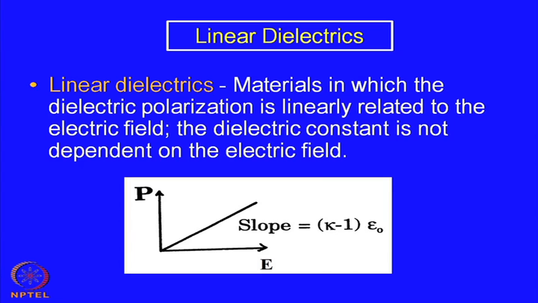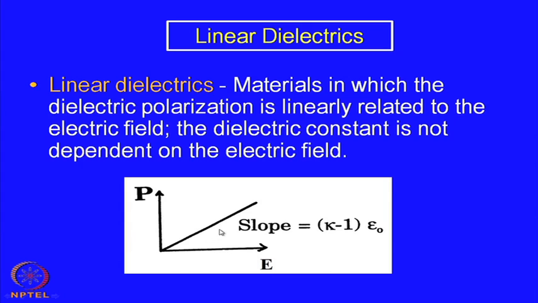Most of the common materials, ceramic materials like porcelain, silica, alumina or calcium oxide, or most of the insulating oxides, even nitrides, borides, etc., are all linear dielectrics, except a group of mixed oxides which are known as ferroelectric materials, which will be discussed later in the class, next class maybe.